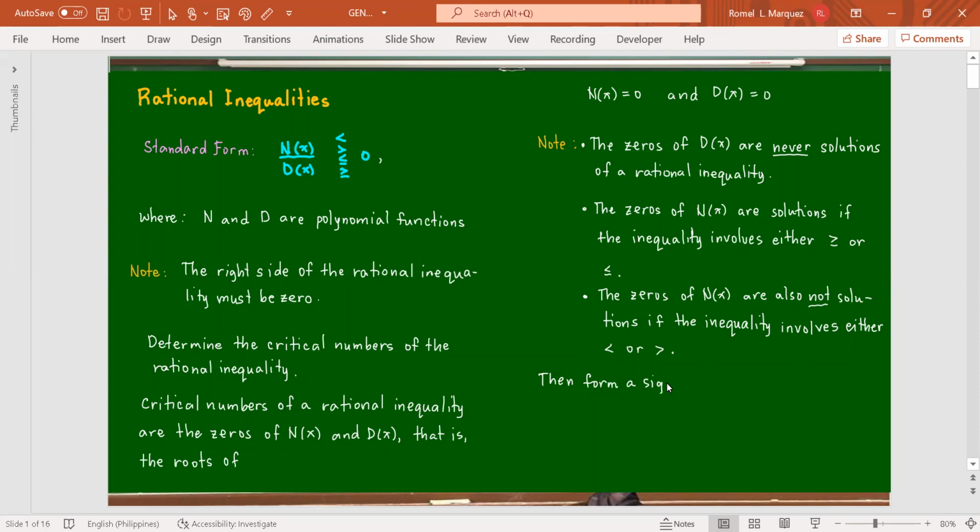Form a sign table using the critical numbers arranged on the number line.